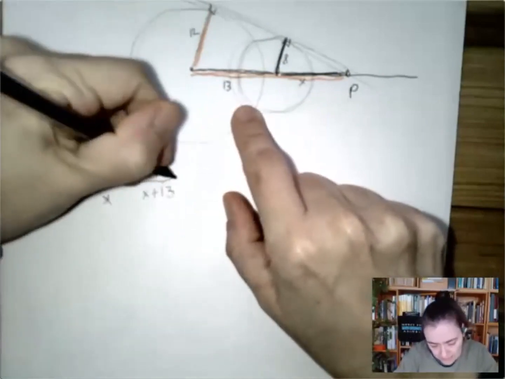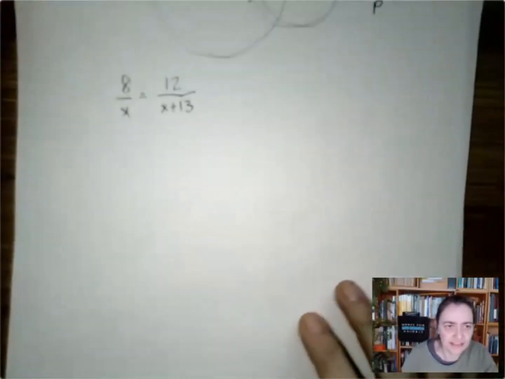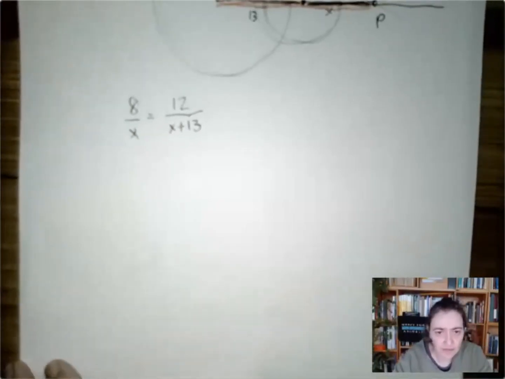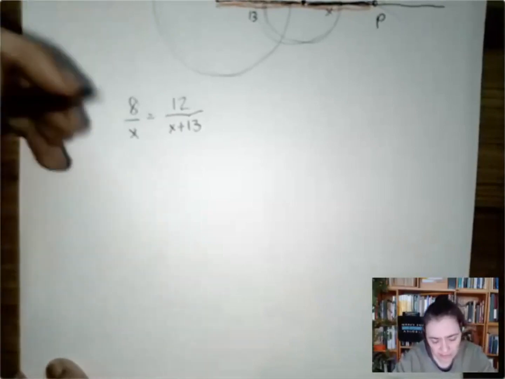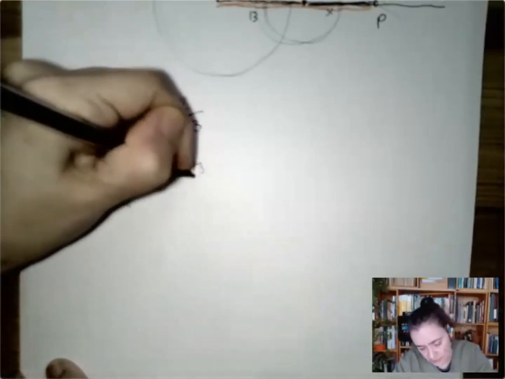And then we might realize we were kind of clumsy, because look at it. Both unknowns are in the denominator. Something nice about ratio problems that come out of similarity is that everybody is positive. There's no worry about division by 0. So we can just take the reciprocal of both sides. So x over 8 is the same as x plus 13 over 12.